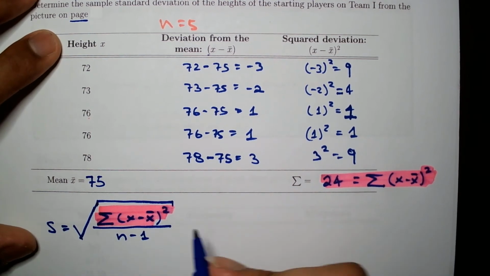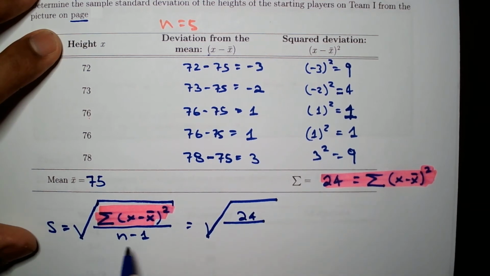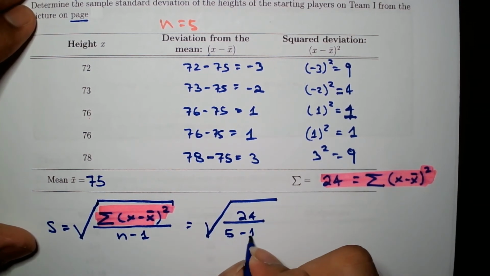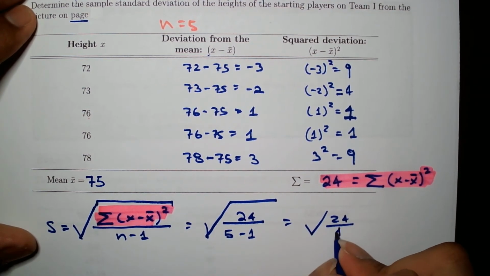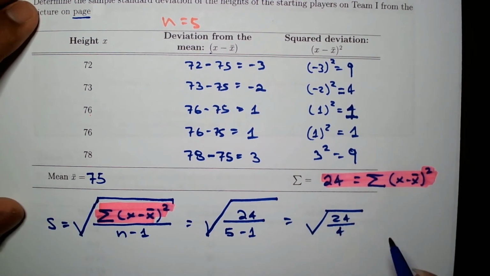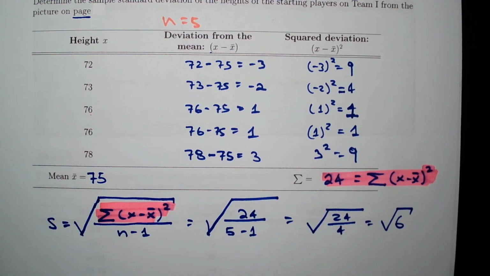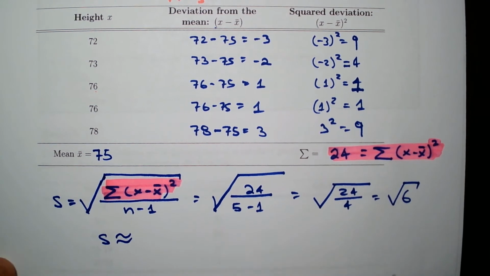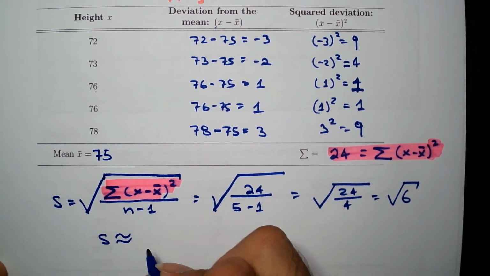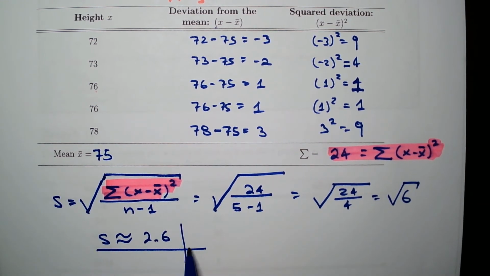This equals the square root of 24 over n, which is 5, minus 1, so 24 divided by 4, which is the square root of 6, which is approximately, using this calculator, 2.6. All right, so that's one example of standard deviation.